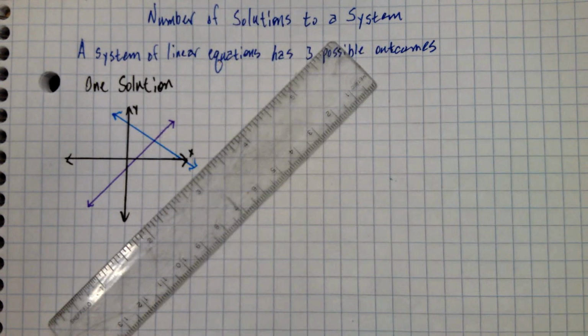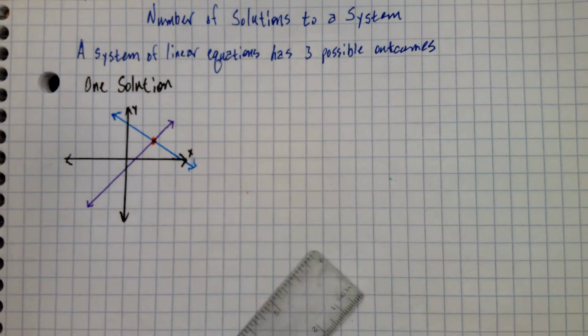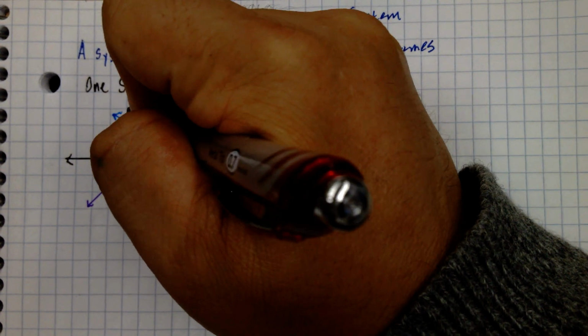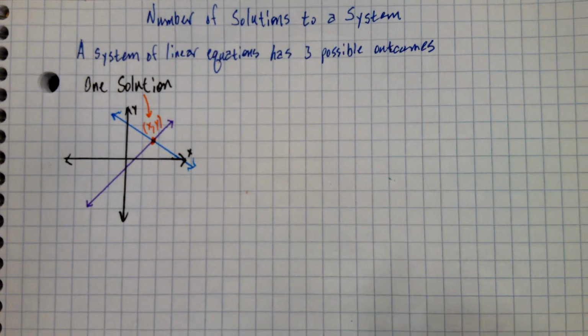They intersect. And this x-y location, well, that's our solution, right? And there's only one. Okay? That's the part we've been solving for all this time. We've always had one solution.